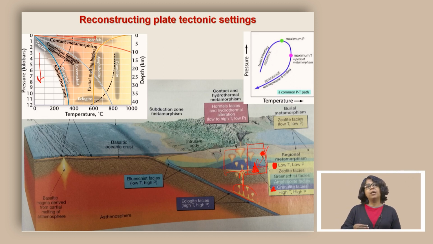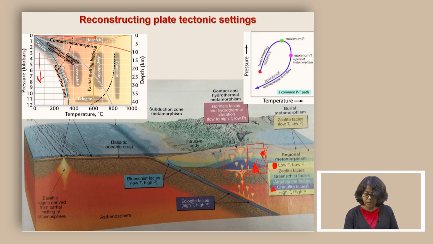And every time they grow, they record the specific temperature and pressure in terms of their compositional change. As a result, if you track those changes in those mineral grains, it is possible to reconstruct the entire metamorphic sequence. And when you are looking at a metamorphic sequence, it basically means you are reconstructing the pressure and temperature path.